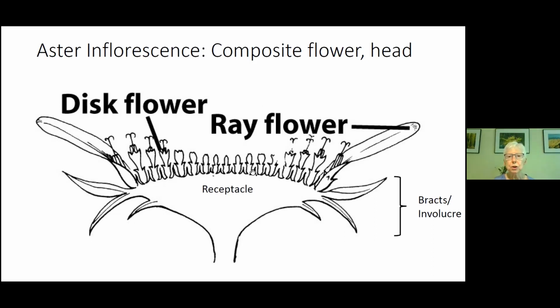And in the center are many small tubular disc flowers. Now, an aster family member may have flower heads that consist of both ray flowers and disc flowers, or just one or the other. All of these flowers in an inflorescence for an aster family member share a common receptacle. So that's different from what we see in a classic flower.